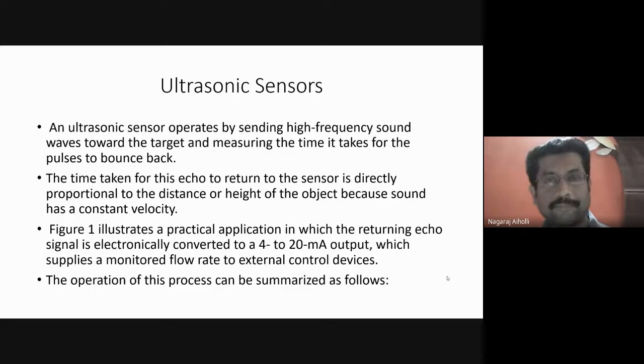So it will take some time. This difference in time and this difference in velocity is used as the principle for measuring the presence or absence of the object.